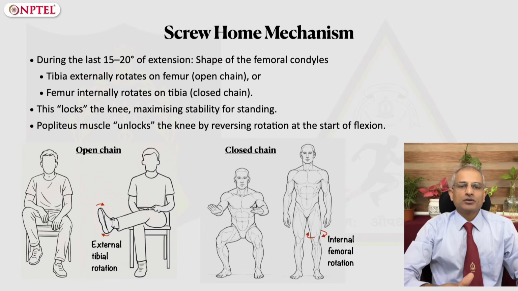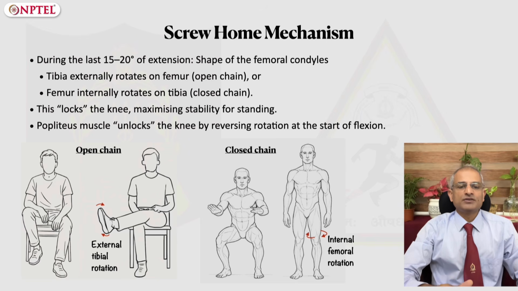A very particular movement called the screw home mechanism happens during the terminal 15 to 20 degrees of extension of the knee. This happens due to the medial rotation of the femur, because the medial femoral condyle is larger, longer and more curved than the lateral femoral condyle.